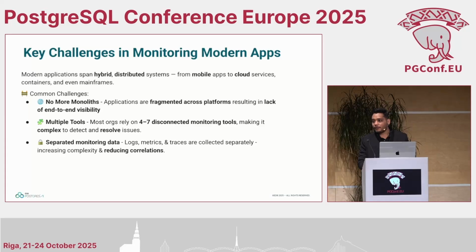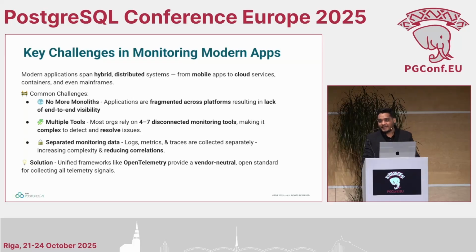We were not able to correlate data from different platforms to figure out what went wrong, and sometimes it's too late, which results in a lack of high availability.